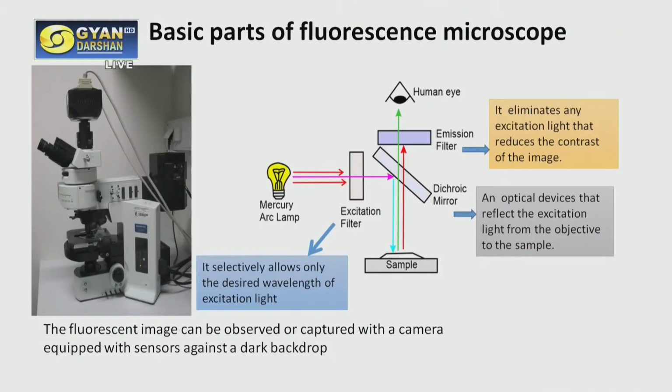This higher wavelength of light is reflected by the dichroic mirror, and the emission filter captures the emitted light and it goes to the human eye. Or there is a detector attached to a camera, and this image can be seen on the computer screen.